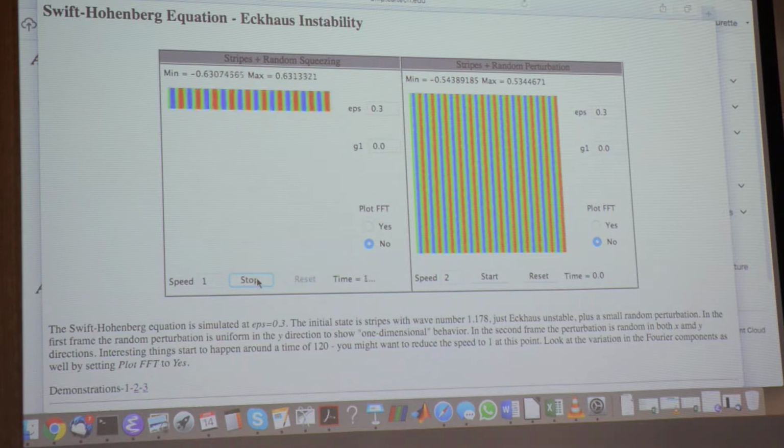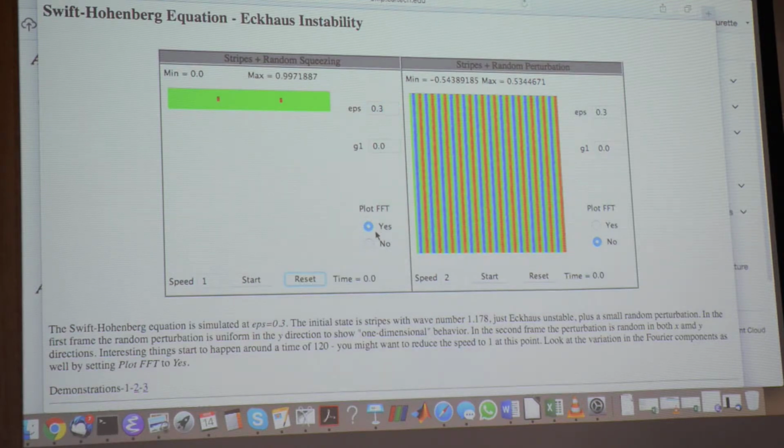Start. Okay. Now let's look at it in Fourier transform space. A perfect system of rolls has these as e to the iqx, e to the minus iqx, right? Everybody agree with that? Now let us start again.